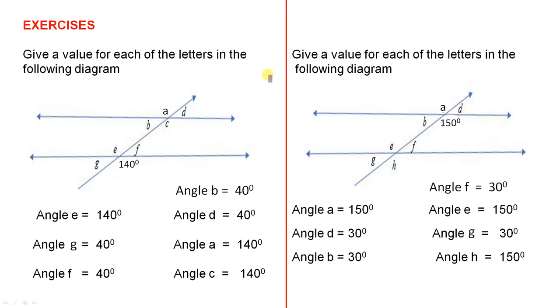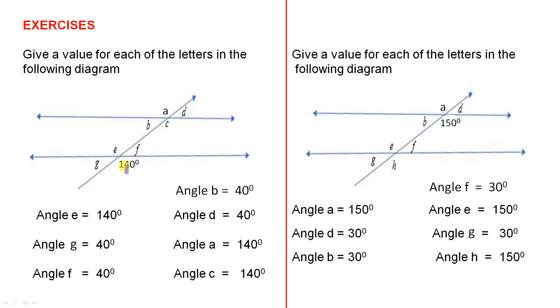Let's look at some quick examples. Give a value for each of the letters in the following diagram. We have 140 degrees there, so we can calculate those three letters very easily. Angles on a straight line add up to 180, so that's 40. Which makes that 140, and which makes that 40.